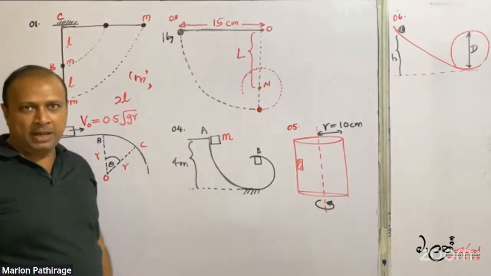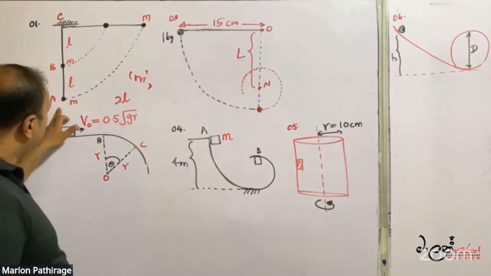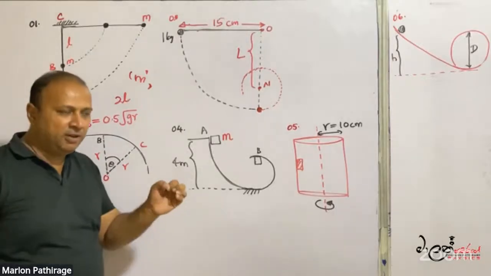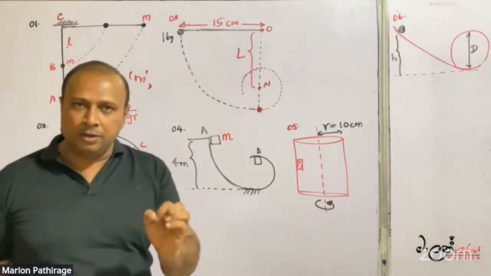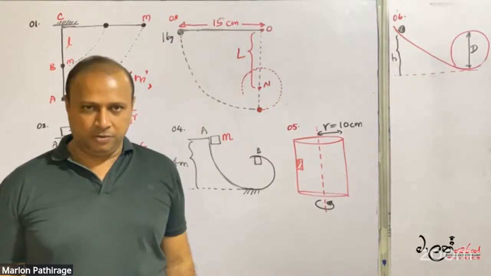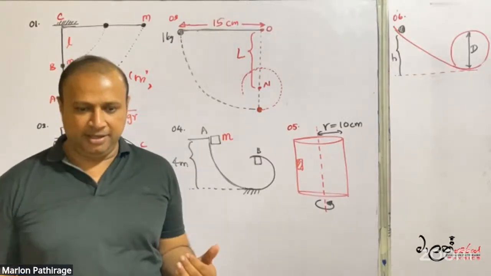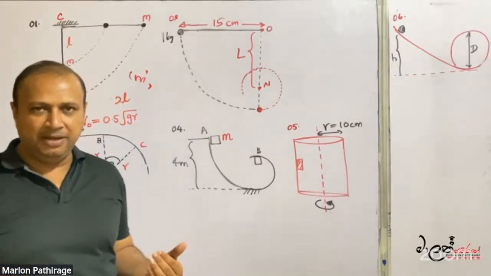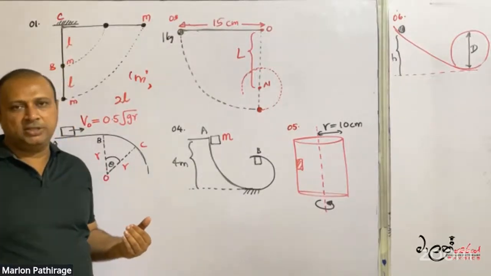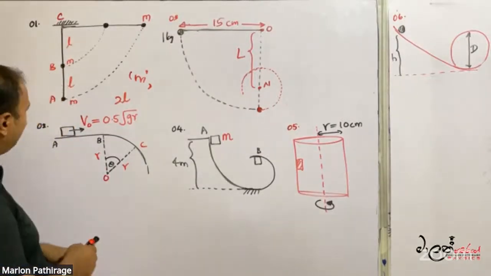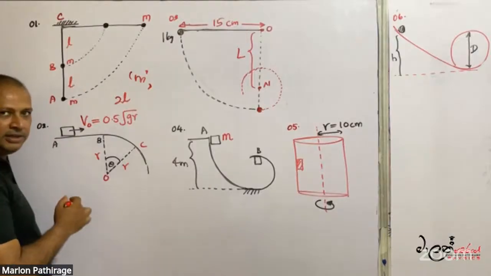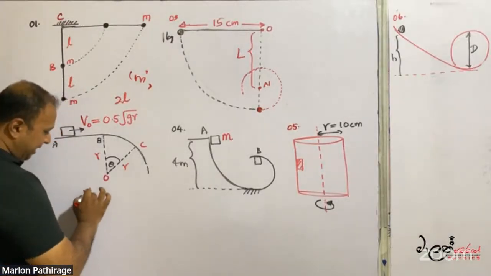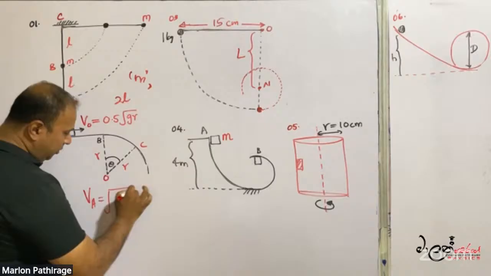Finally, it has only a velocity. That velocity should be equal to square root 2gh. The speed is equal to square root 2gh. Therefore, velocity at point A is equal to square root 2g.